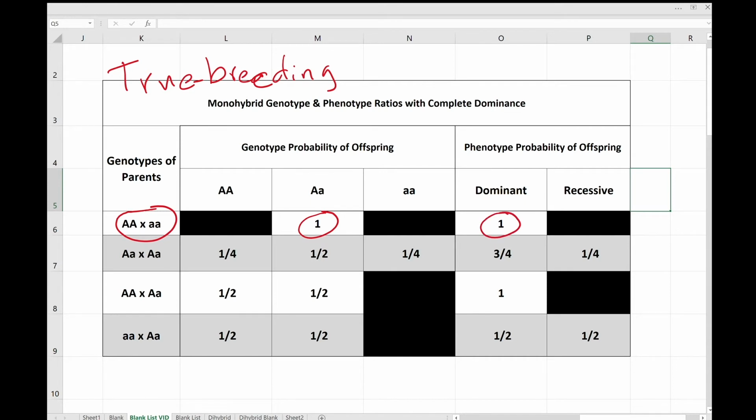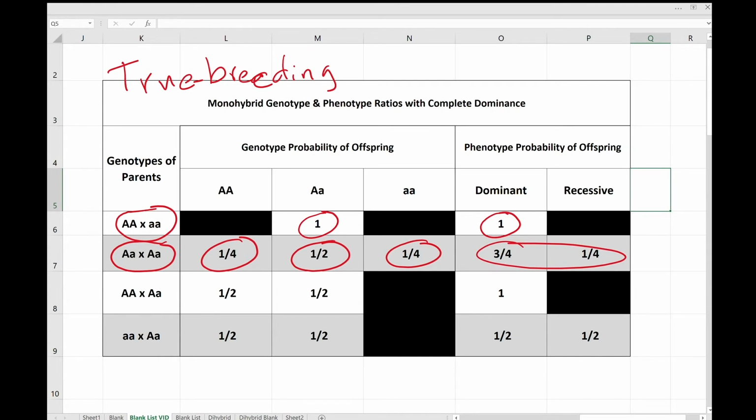If you cross two individuals that are heterozygous, meaning big A, little a, and they're both showing the dominant phenotype, the result will be a 1 to 2 to 1 ratio of homozygous dominant, heterozygous, homozygous recessive, or a 3 to 1 ratio for phenotype.